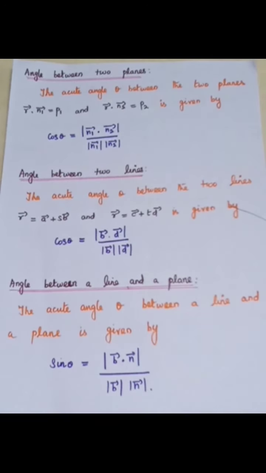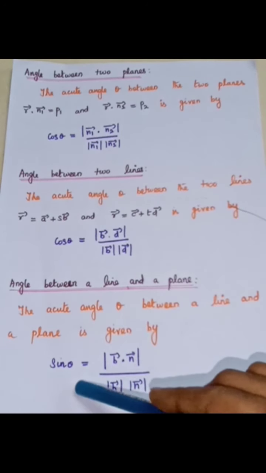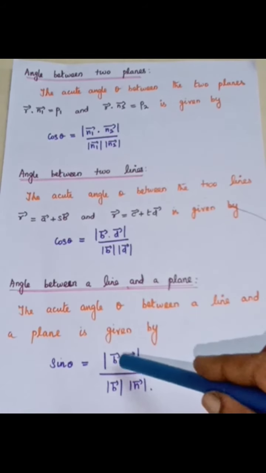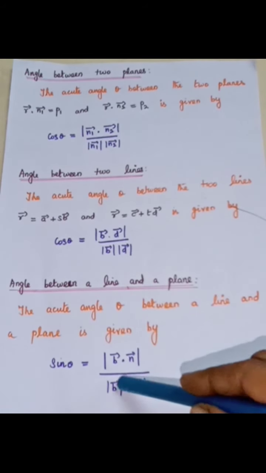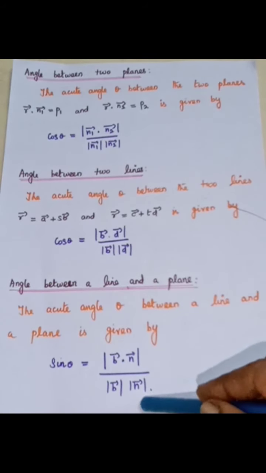Okay, the next one, angle between a line and a plane. So now one line and one plane is given. How to find the angle between the line and a plane? So here you have to use sin theta is equal to modulus of b vector dot n vector divided by modulus of b vector modulus of n vector.